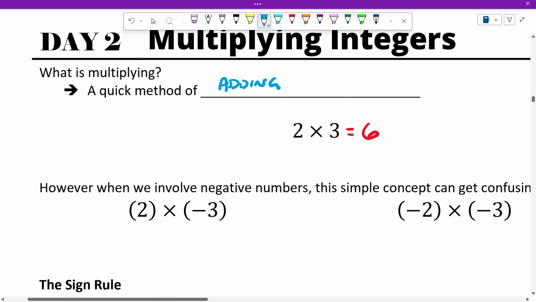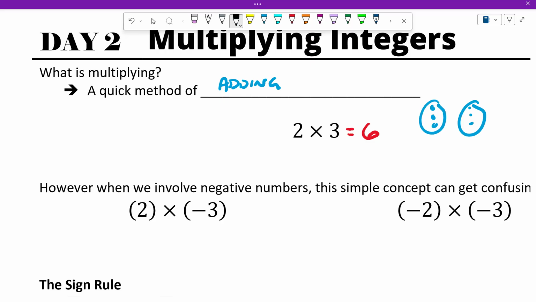This 2 times 3 meant that we had 2 groups of 3, hence there is 6, or it could mean we have 3 groups of 2, which is 6 as well, right? And there's a reason why we multiply, because adding is slower. But when it comes to talking about negative numbers, it's nice to think about the adding version of multiplying.